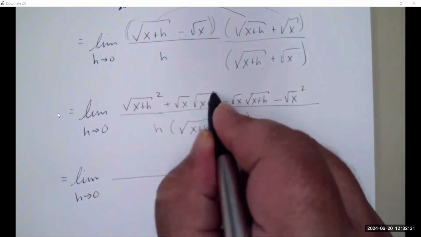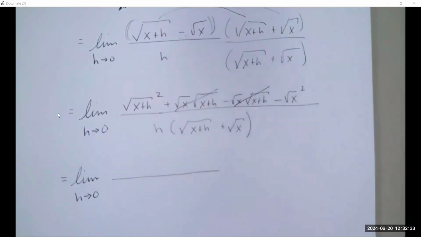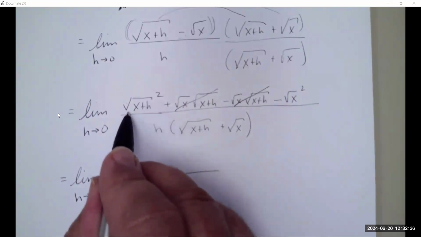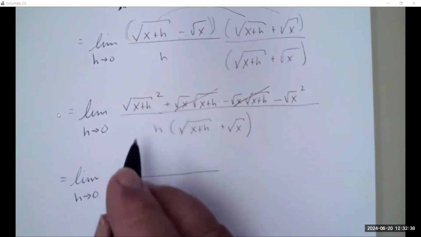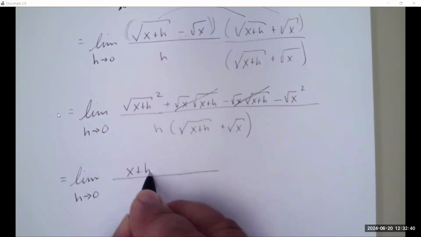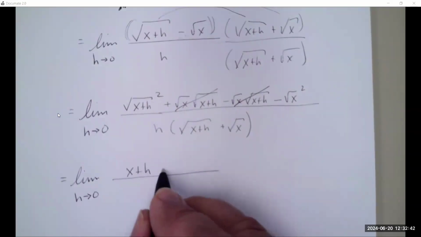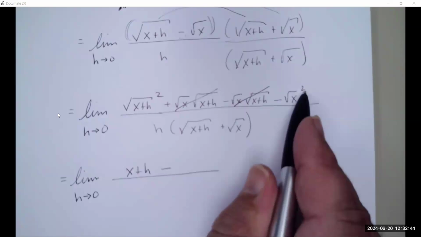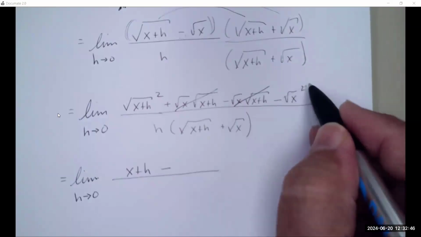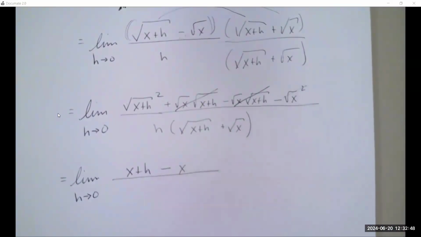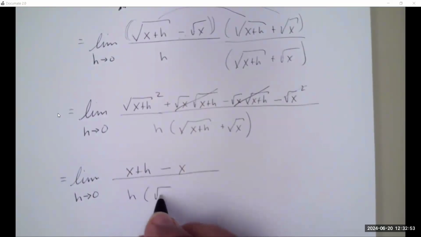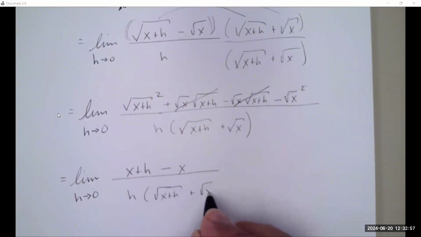The middle terms cancel. We have radical x plus h squared, which just gives us x plus h, minus radical x squared, which is just x, over h times radical x plus h plus radical x.